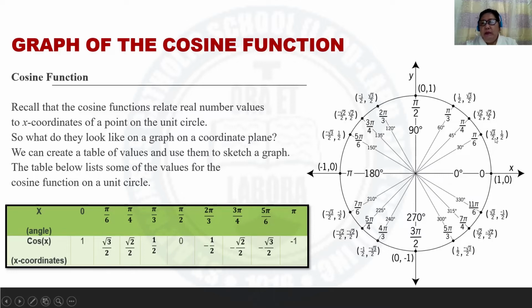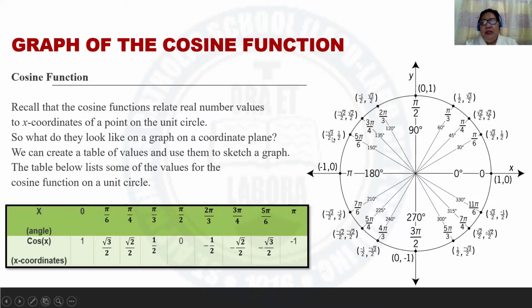It's here. Pi over 4, square root of 2 over 2. Okay, you place it here. Pi over 3, you have 1/2 here. For pi over 2, it's 0. 2 pi over 3, it's negative 1/2. It's here. 3 pi over 4, it's negative square root of 2 over 2. It's here.